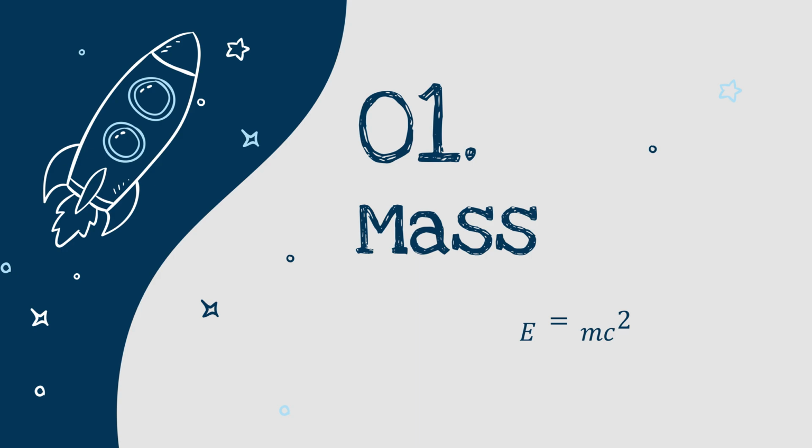First and foremost, mass is very important, and we know from the famous Albert Einstein equation that energy is proportional to mass. What that means is that from the previous slide, we know that the Kepler 452, the sun-like star in the center of orbiting, is 10% larger than our sun.